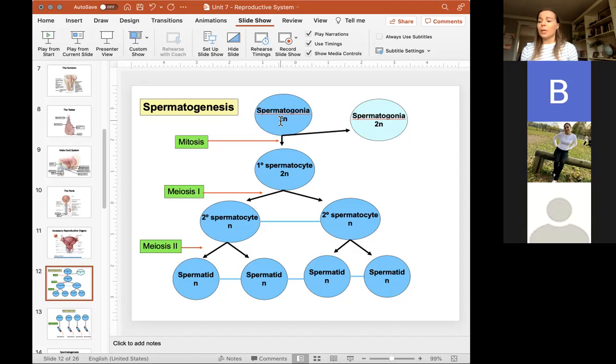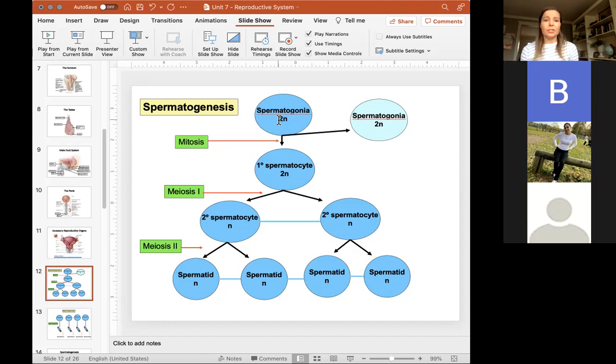So these spermatogonia are in direct contact with the outer membrane that basically forms the wall of the seminiferous tubules. There are a couple layers of tissue, and they're all the way on the outside, these immature cells. So like I mentioned, they are diploid. They have the normal chromosome number. And basically, just like almost any cell in the body, they will divide through mitosis to make new cells. And they continue to do that throughout your life, really up until puberty.